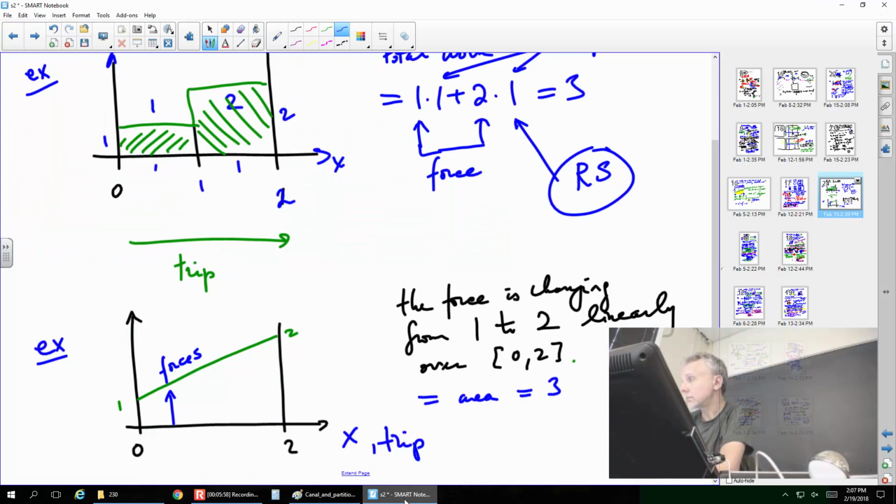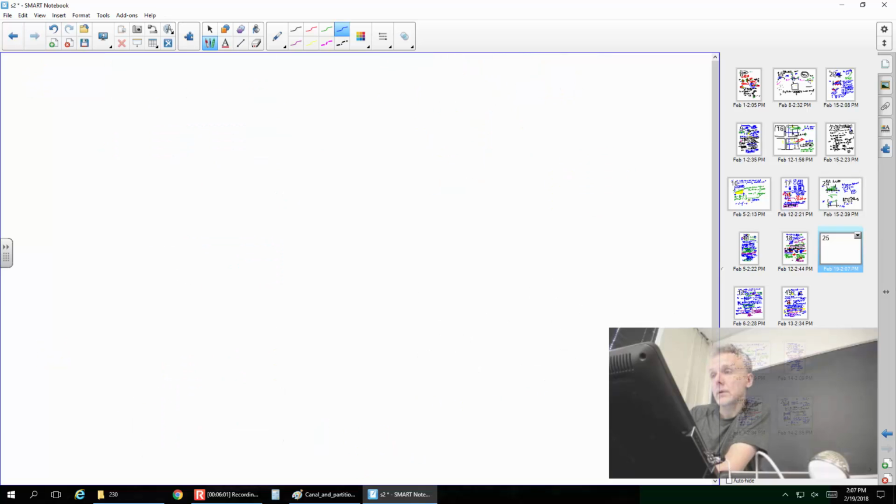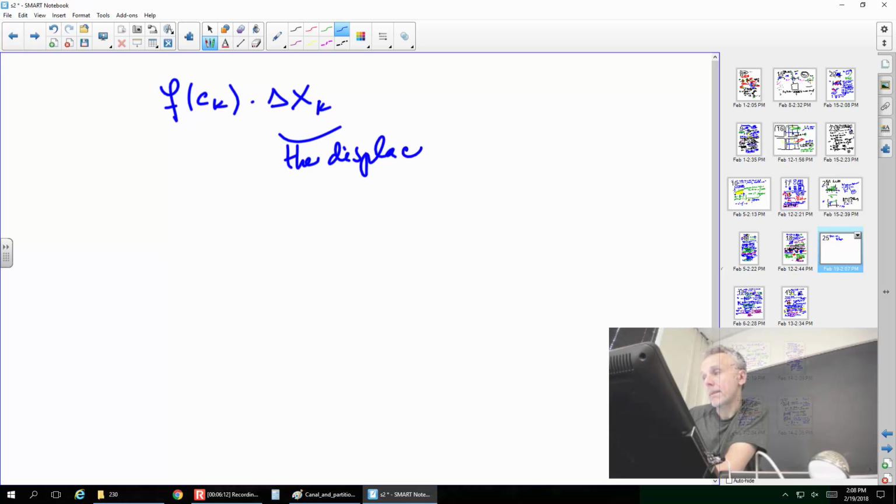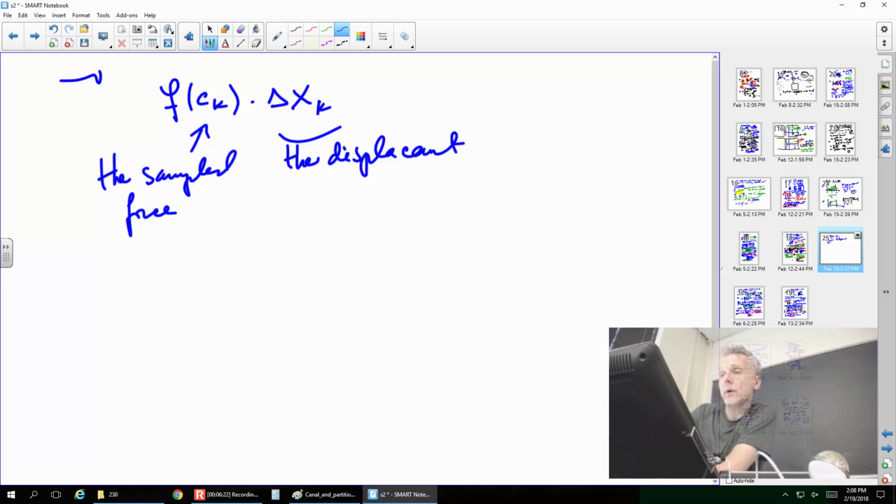So let me write: f of c_k times delta x_k, the displacement, the sampled force on that trip, and then you add all of them together, and you have the Riemann sum.